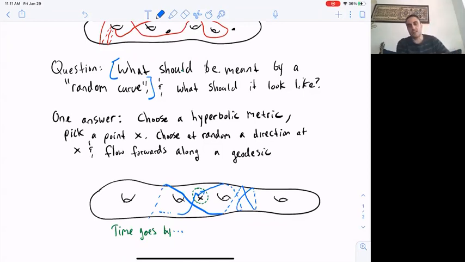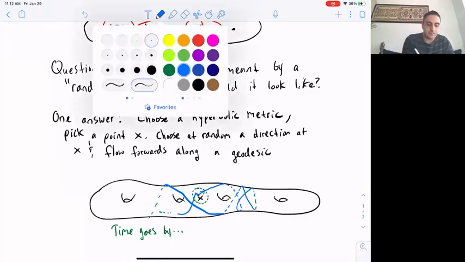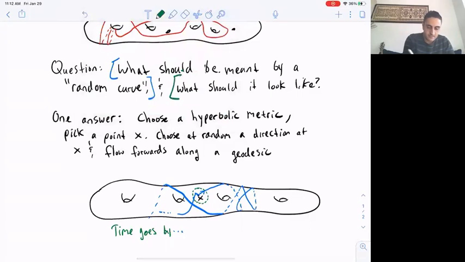And there's an entire, of course, moduli space of different choices there we could have made. And what these curves look like will certainly depend on the hyperbolic metric that you chose to get the conversation started. And that's not a good or a bad thing, it's just the reality.